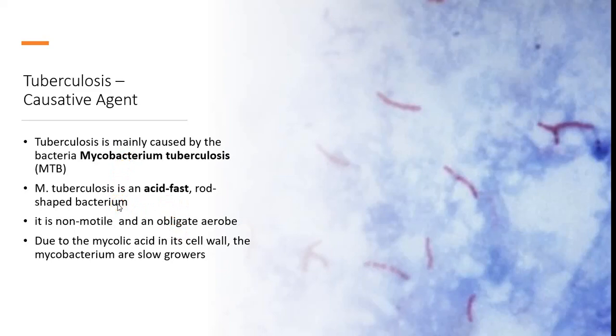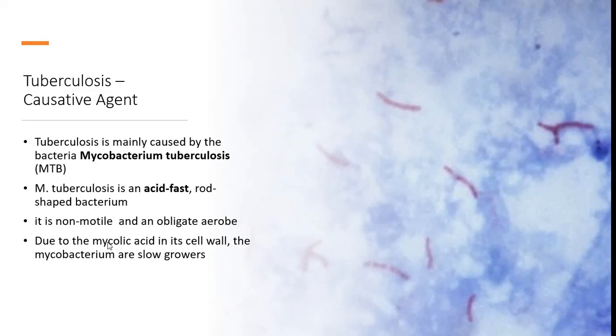Now, what does it mean to be acid-fast? That means its cell wall structure is going to be different than the gram-positive and the gram-negative with all those peptidoglycans. In the case of Mycobacterium, they're going to have that mycolic acid in that cell wall. And the mycolic acid in the cell wall is part of what gives this bacterium its virulence factor. Because remember, it's that waxy substance.